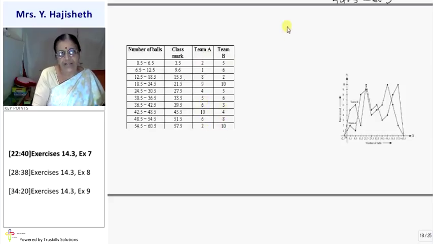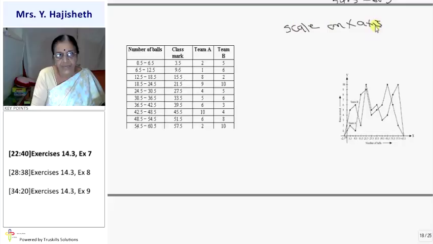Now what scale am I taking? The scale you see on the x-axis: I have taken 3.5 to start, then 9.5, then 15.5. So 6 is 1 centimeter.